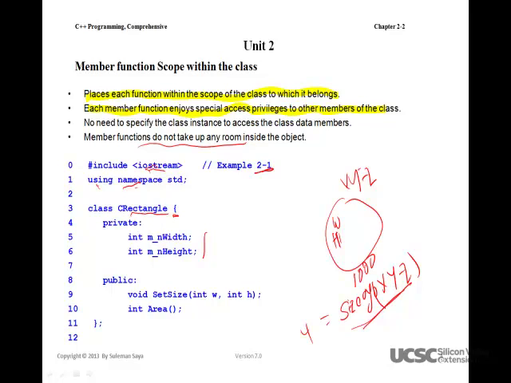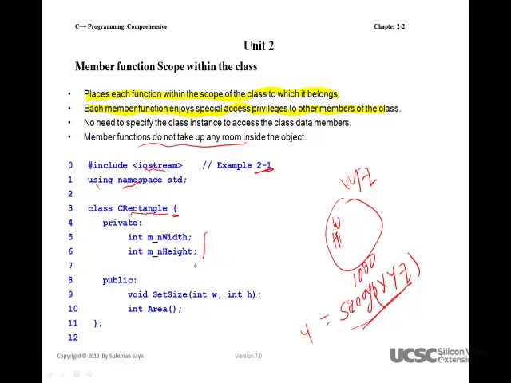Private is a keyword followed by a colon. Anything under private you cannot access from a non-member function such as main. When you use a dot operator and try to access m_nWidth or m_nHeight, you will get a compilation error.